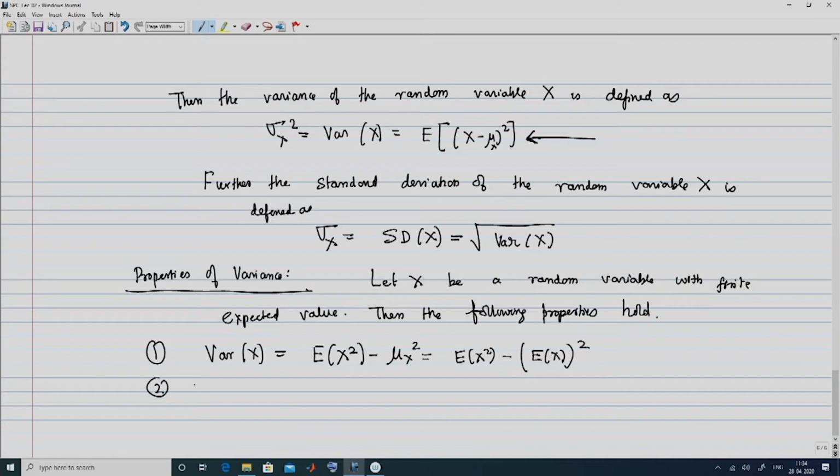The second property is that if x is a constant random variable, then the variance of this constant random variable x is going to be equal to 0.